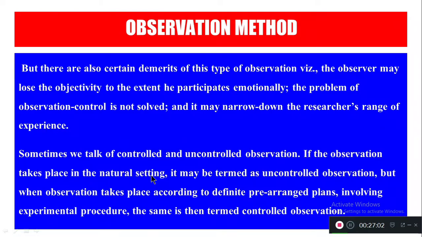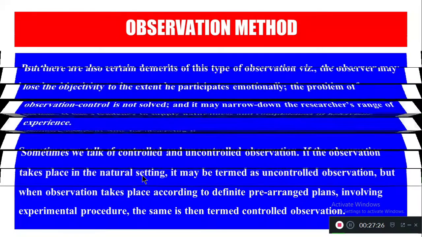That is controlled, so rules and regulations are there: like this, you have to behave. What students are doing in a laboratory, we are able to observe. In the hospital, how students are giving nursing care can be monitored. When the patients, doctors and nurses are there, how the students do the procedure, that is controlled observation.